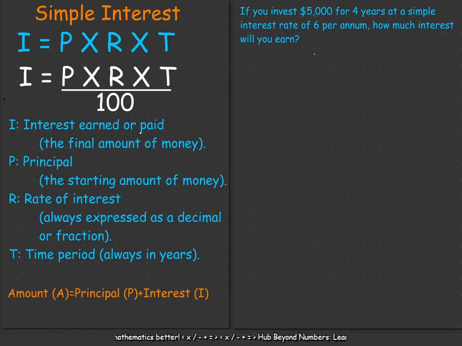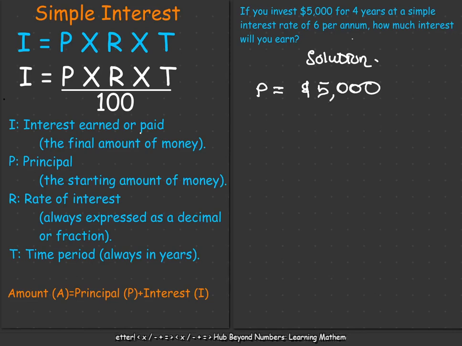The first thing we need to do here is to identify our parameters. What have we been given? The amount you are investing or borrowing is always what we call your principal. So our P is equal to 5,000. And I told you the time is always in years.